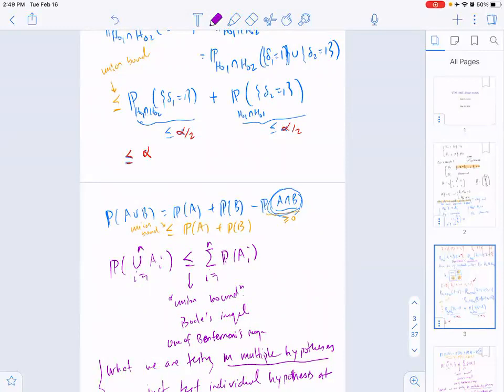So the level is not the only thing that we care about. There's a tension, a trade-off in hypothesis testing. On the one side, there's type 1 error probability, or the level, which we want to be small, but we can always make it 0 by never rejecting the null. So there is another thing that we care about. What is it? It doesn't give us any information.